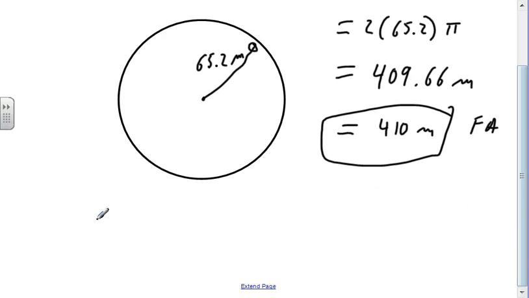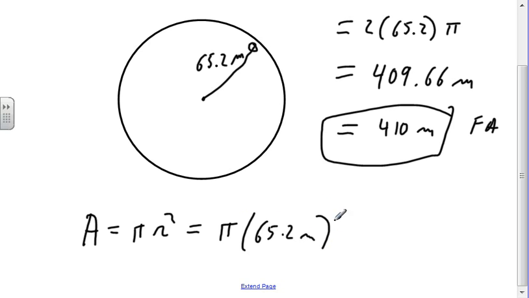And then my area would be pi r squared, pi times 65.2 meters squared.